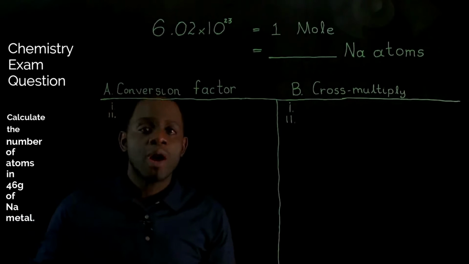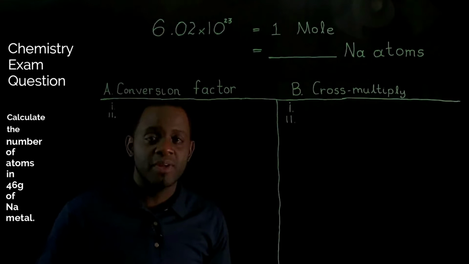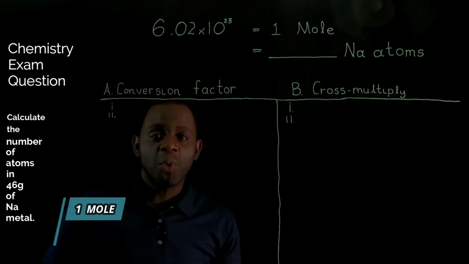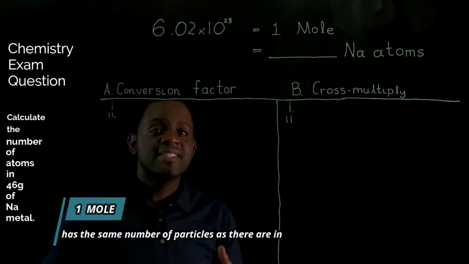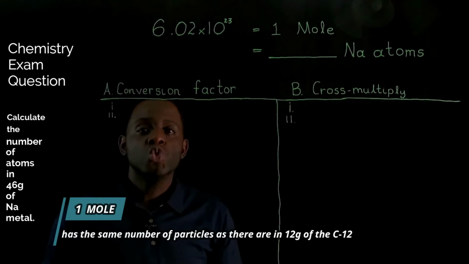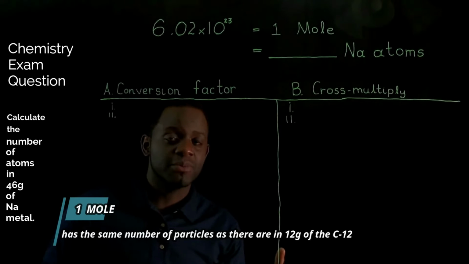Also, this mole concept started with the carbon-12 isotope, and the theory is that 1 mole of any substance has the same number of particles as there are in 12 grams of the carbon-12 isotope.